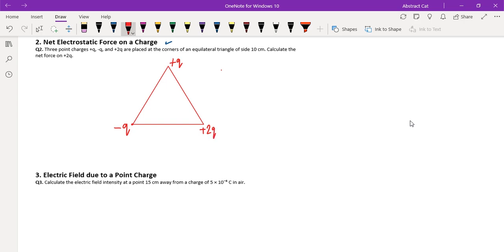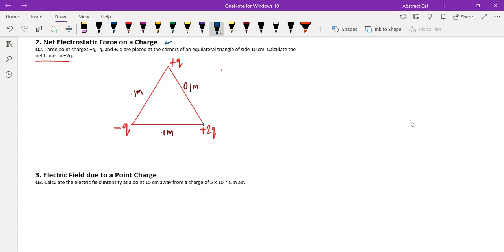Given is an equilateral triangle of side 10 centimeter, so 10 centimeter means 0.1 meter. Calculate the net force on 2Q. That's very important.